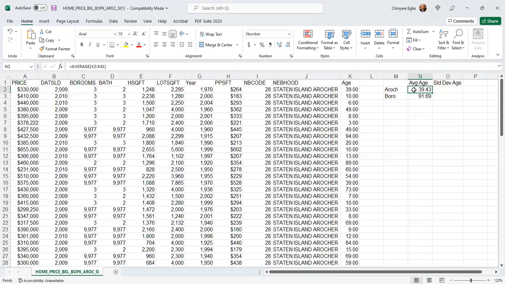Now, how do you calculate standard deviation? Okay. How do you calculate standard deviation? I'm going to save this. And we know how to calculate standard deviation. The formula, I'm going to stop share.